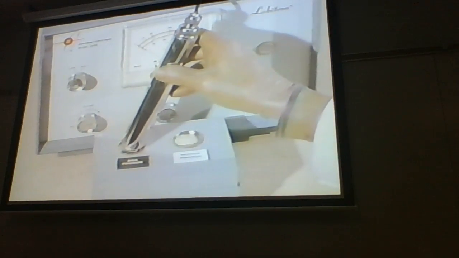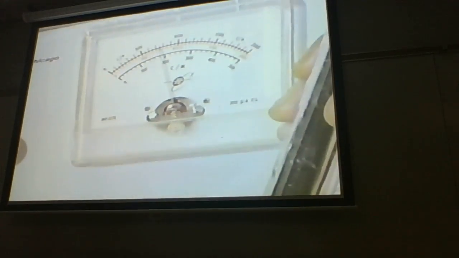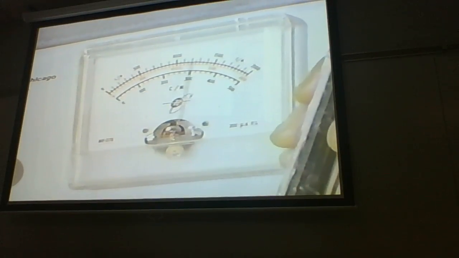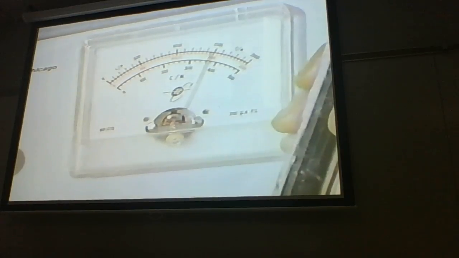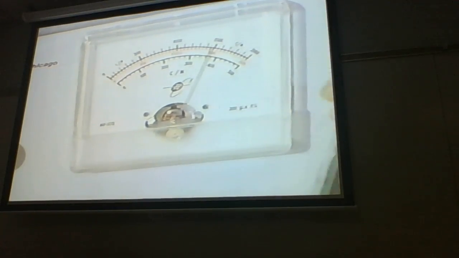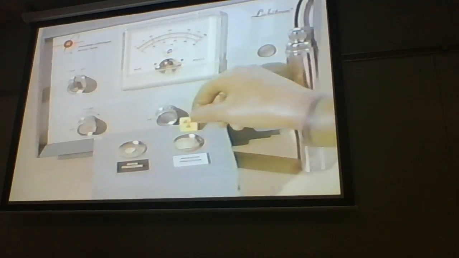The meter shows that there is no radioactivity in the chromosomal material. However, the protein fraction does show radioactivity. The experiment proves that the radioactive 5-fluorouracil is not incorporated into the DNA.